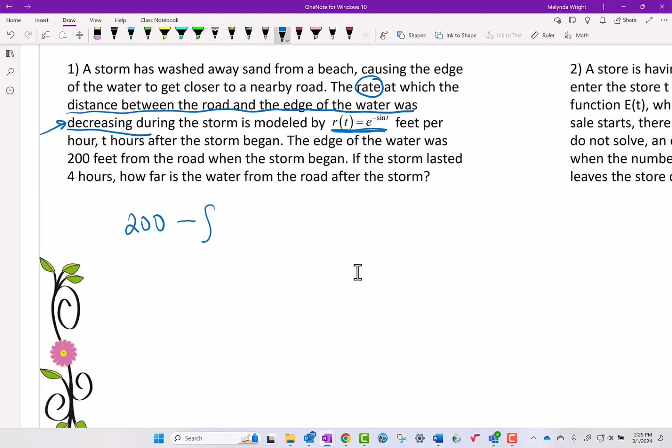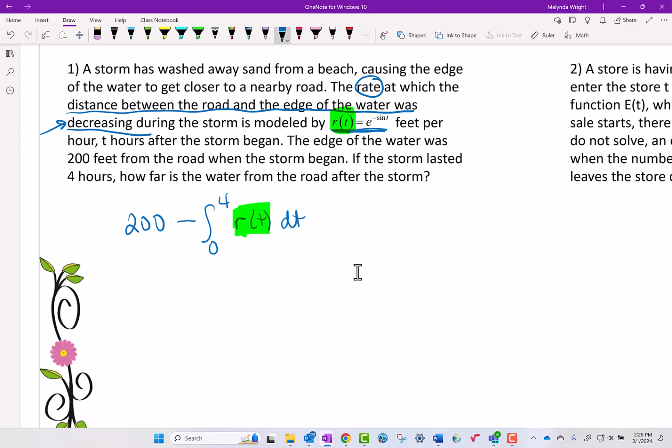So when I integrate, I'm going to integrate from the starting time to 4 hours, because that's what they asked, of the rate. I would recommend that instead of copying this function down, you write the name of the function, which is r of t. That way, you don't have the issue of perhaps copying it down incorrectly and causing a copy error.